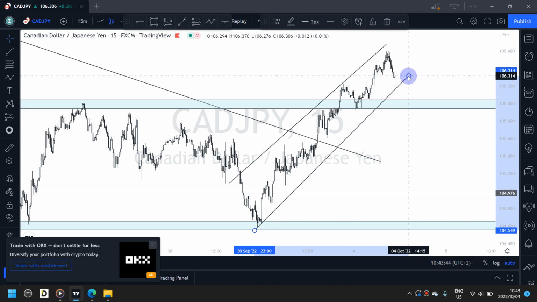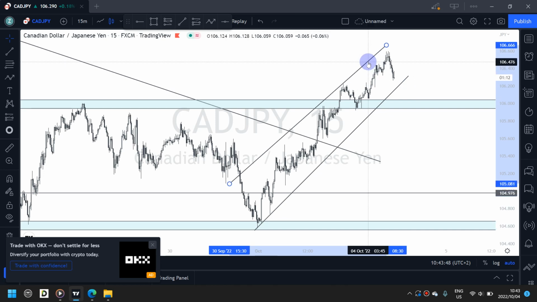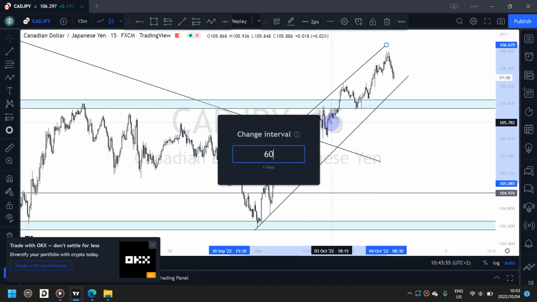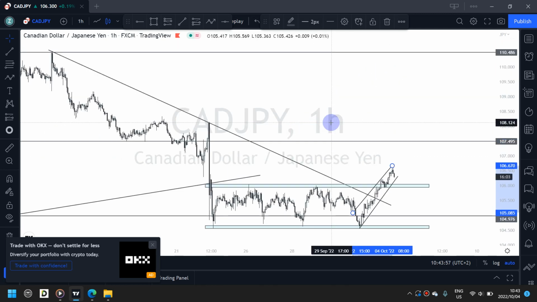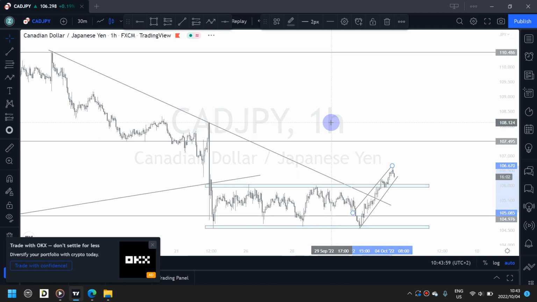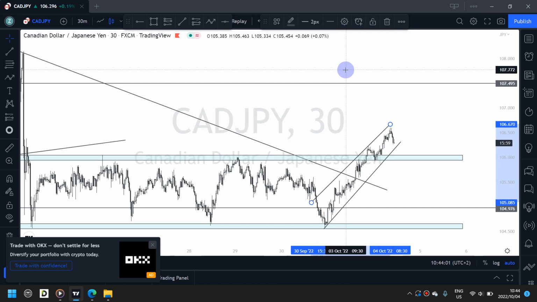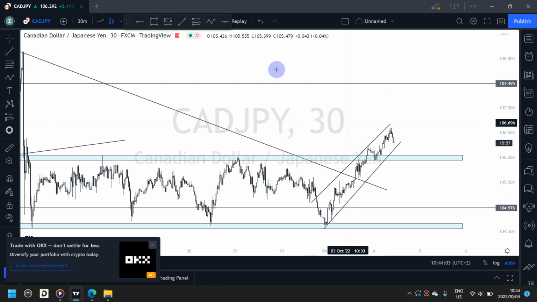I only cater for trend lines if it's necessary, or if it's something like this, whereby this is a valid trend, so that is why I cater for it.